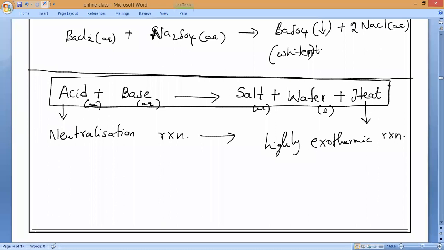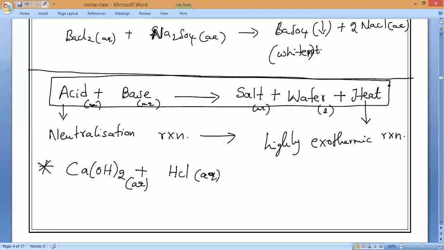Let us take other examples of neutralization reactions which we have not written. Calcium hydroxide, what is the formula, guys? Ca(OH)2. Is it a base or an acid? It is a base. Reacting with an acid, so let us take HCl.